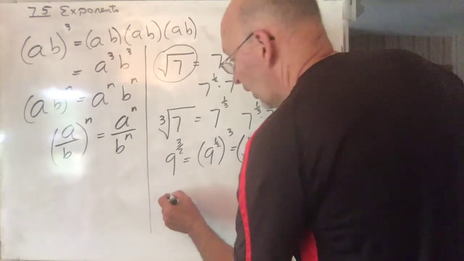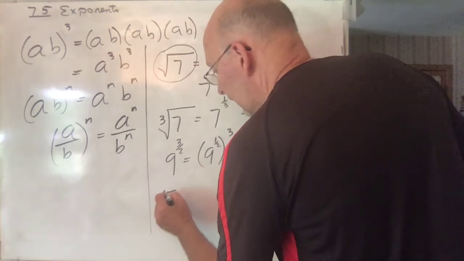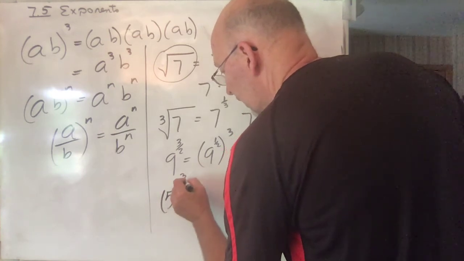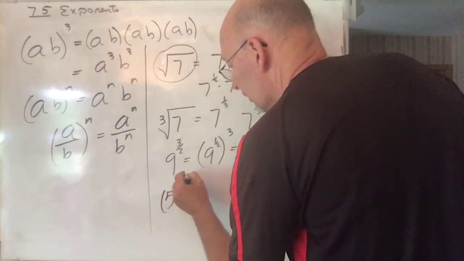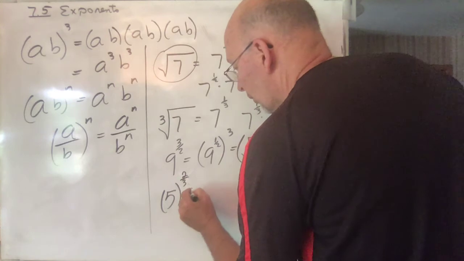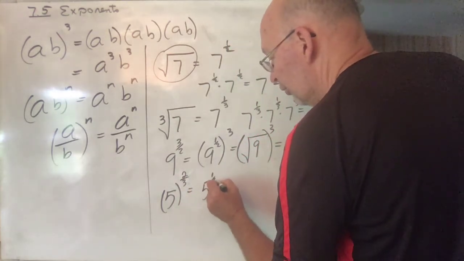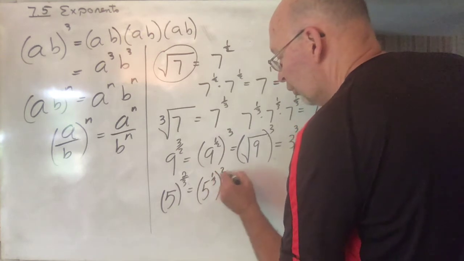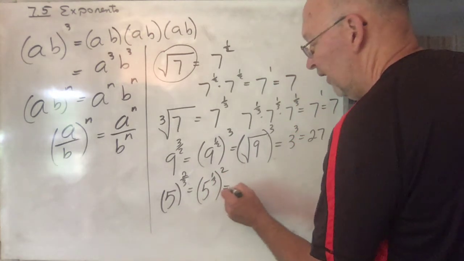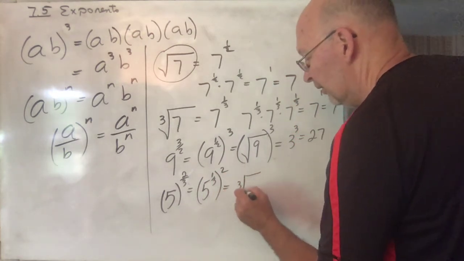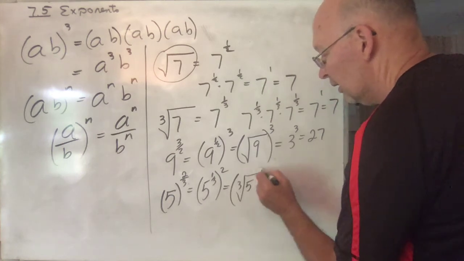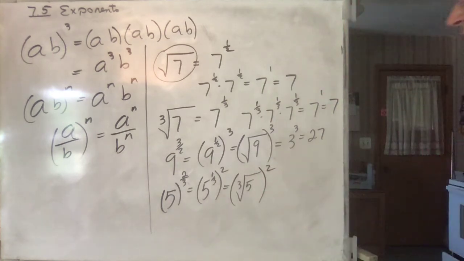Okay? If you wanted to, you could write 5 to the 2/3 power. What does that mean? That means 5 to the 1/3 power, all squared. 5 to the 1/3 power is the same as the cube root of 5. And so you could think of it like that.